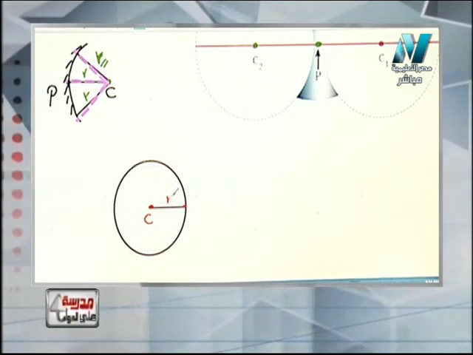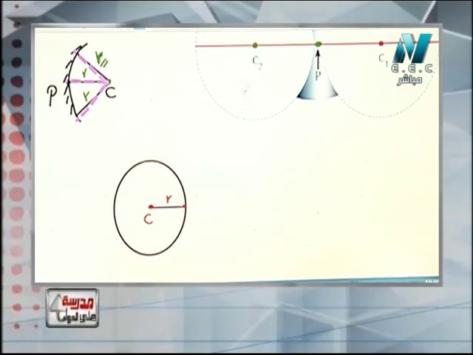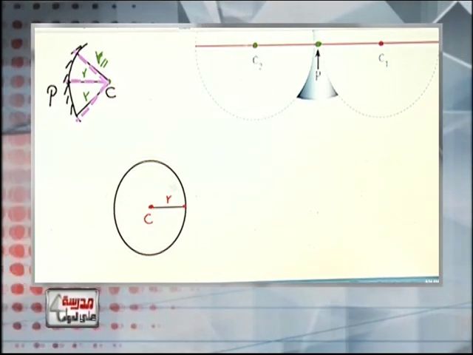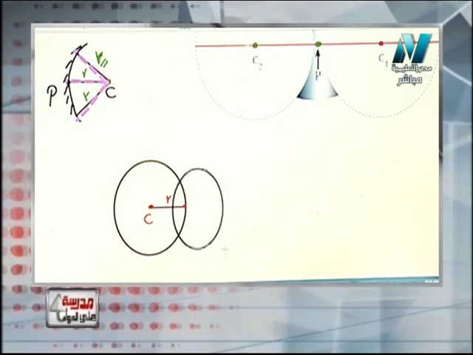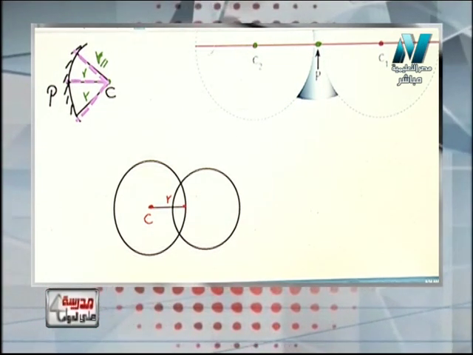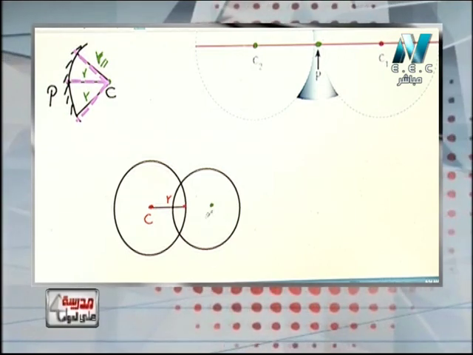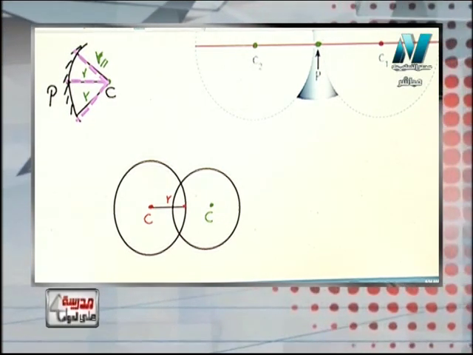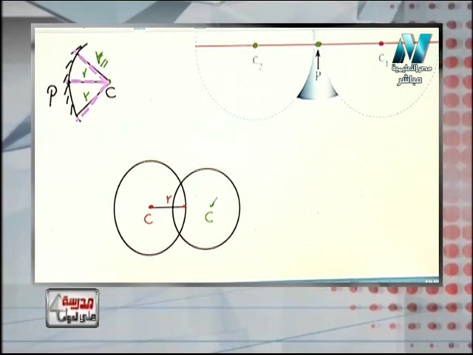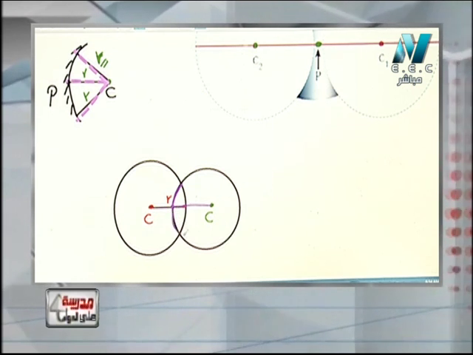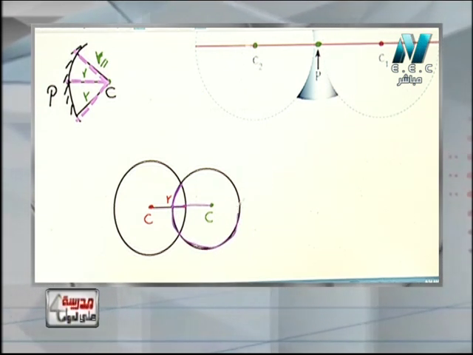And we have another sphere, with center of curvature C and its radius from this point to this point. This is the radius of this sphere.